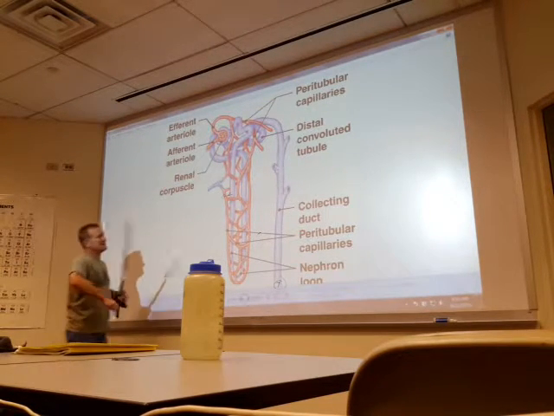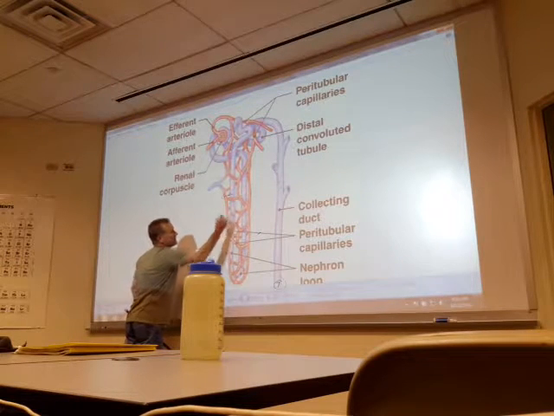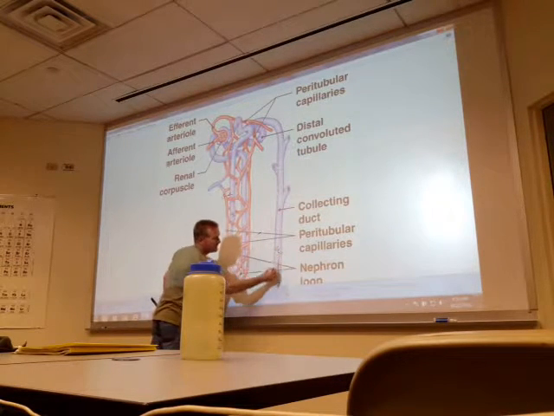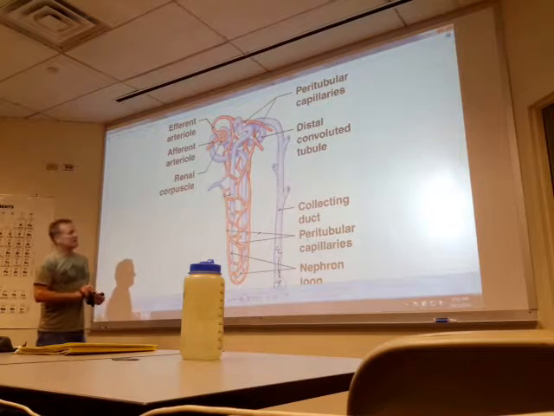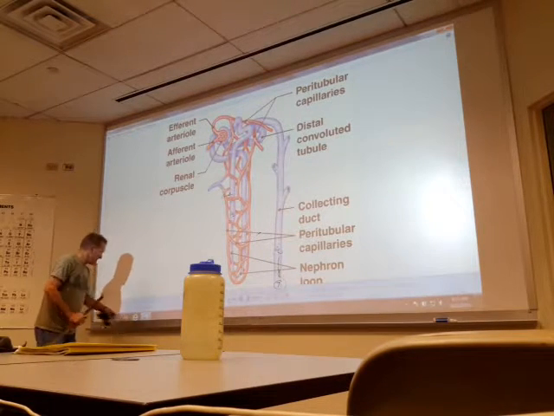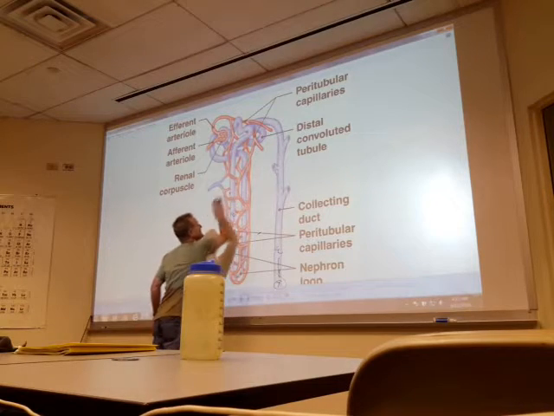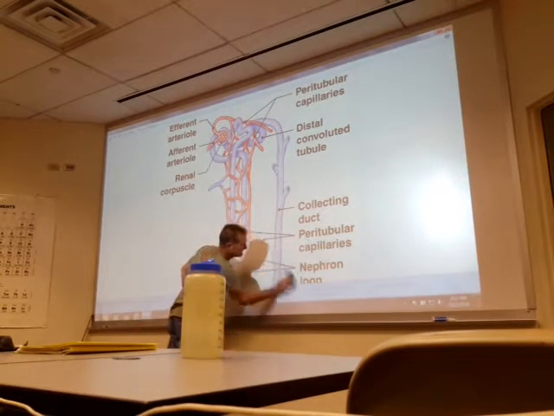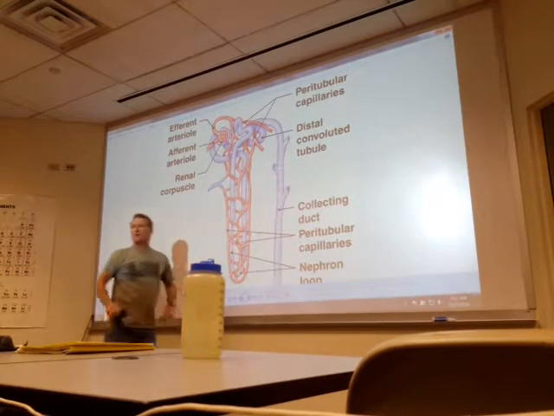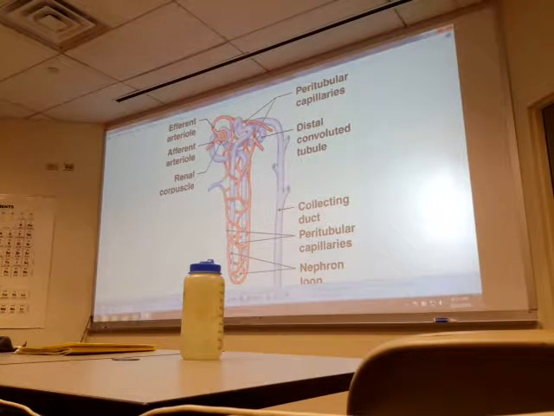The waste stays in the tubule and is given up to the toilet. So two words, selective reabsorption, but it takes 15 or 20 minutes to understand what those two words mean, okay?